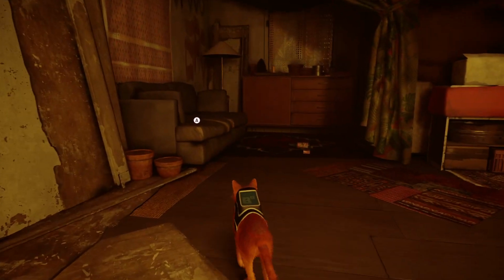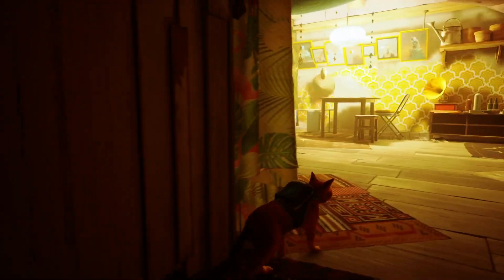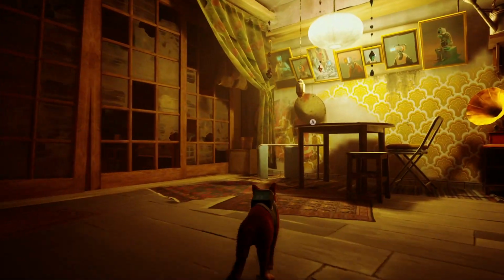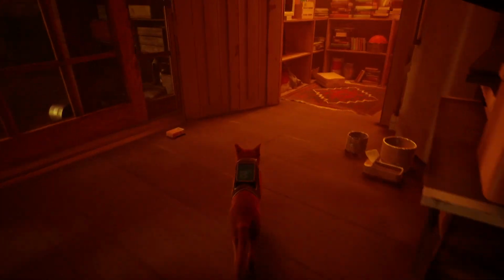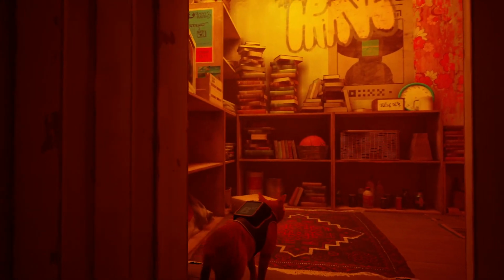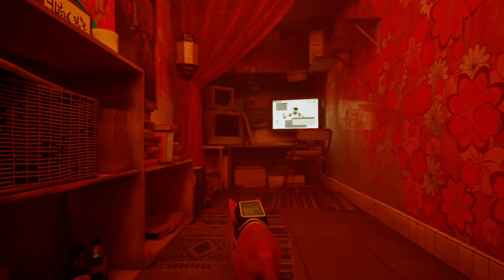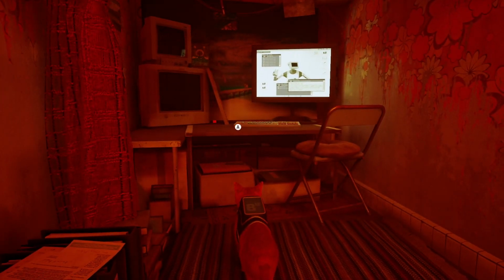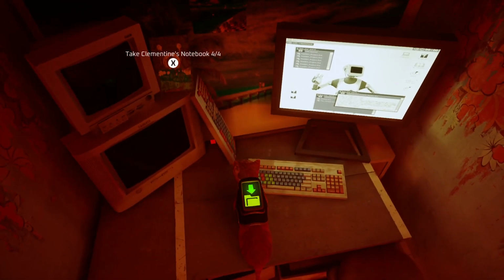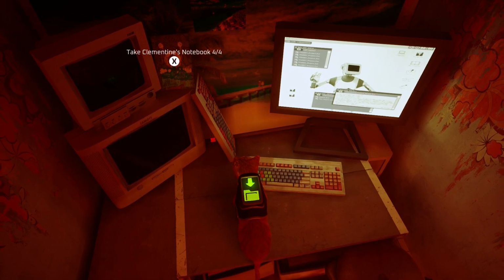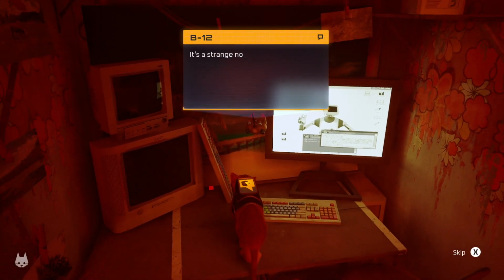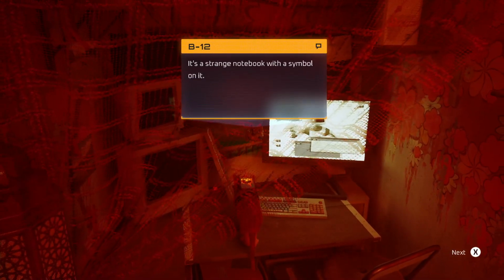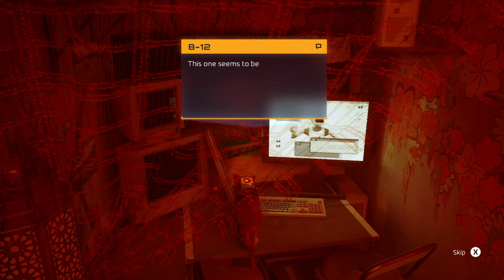Well, they put all these interesting rooms in here, and you feel like they wouldn't be here unless there was something useful to find. Take Clementine's notebook. Interesting. It's a strange notebook with a symbol on it.